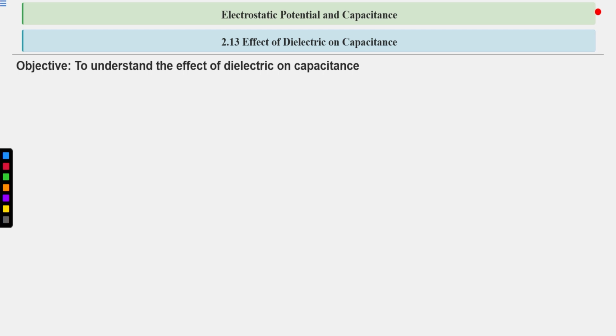When we place this dielectric in the capacitor, due to the electric field present between the plates, the dielectric will behave accordingly. It will induce some electric field in the opposite direction and reduce the electric field within the dielectric. Now we will see how this property of the dielectric is going to change the capacitance of the capacitor.